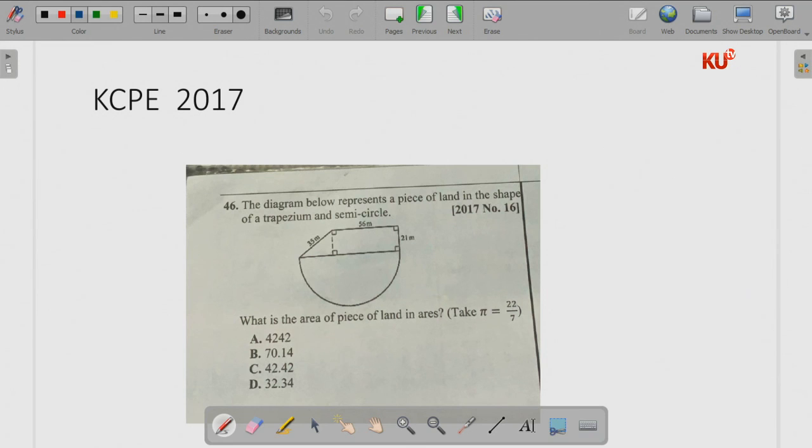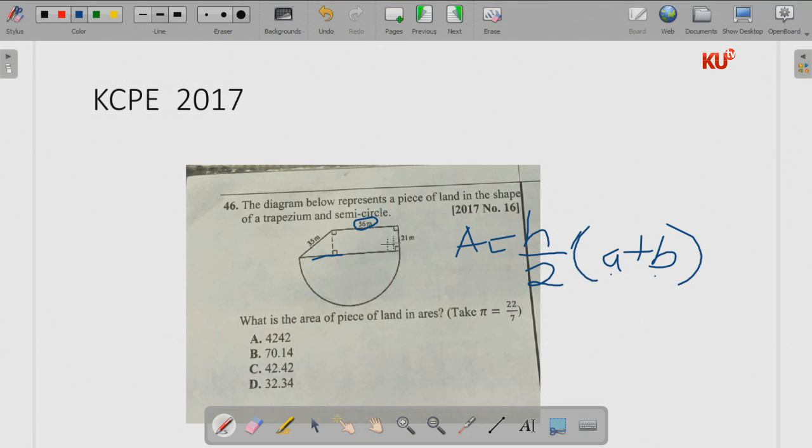On the upper side we have trapezium, and with the trapezium, we can solve it here. We said trapezium is equal to h over 2 into a plus b. If you check a we have as 56, b we don't have, it is this one here.